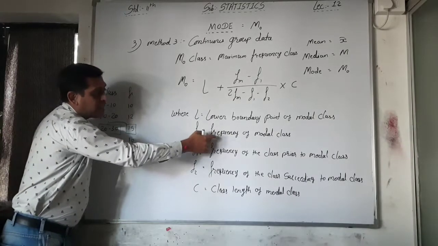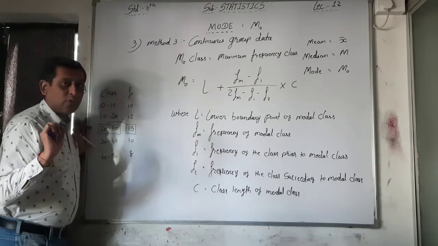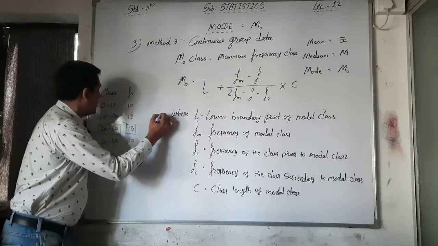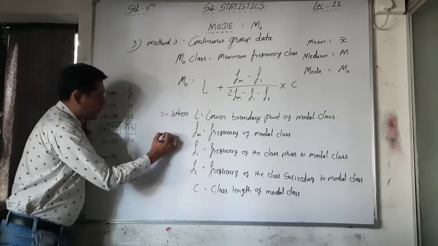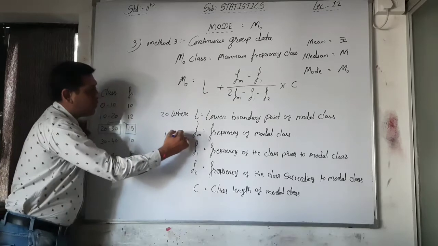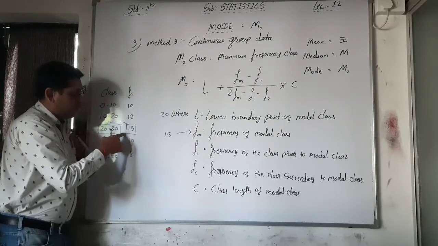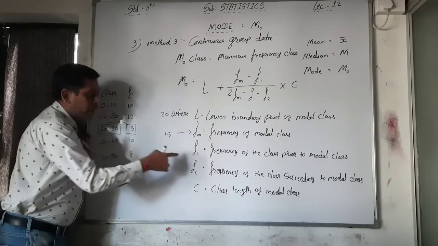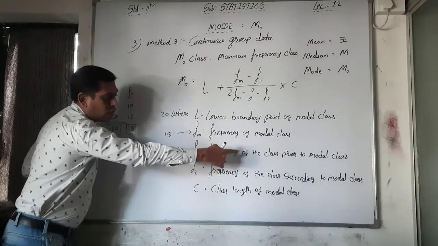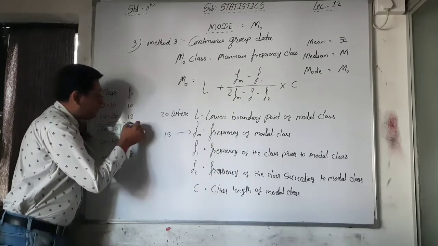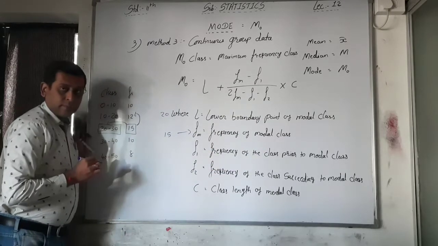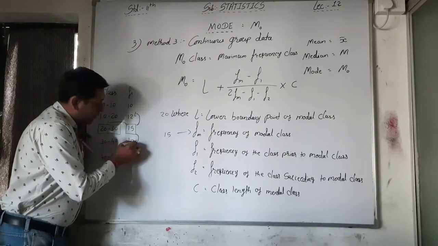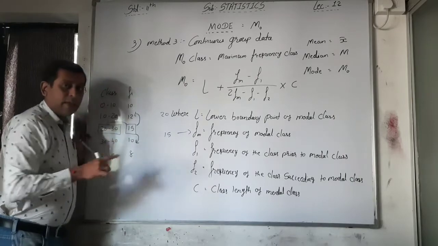Then Fm, the maximum frequency, or the frequency of the modal class, is 15. Now F1, the frequency of the class prior to the modal class, and F2, succeeding the modal class. Prior means previous, succeeding means next.